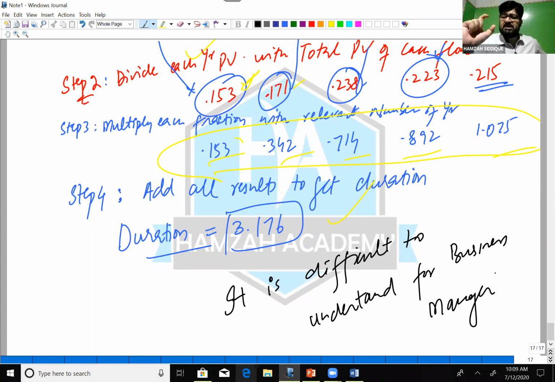So you see here its advantages: considering time value of money as well as the whole life of the project. I hope it is clear to you people.